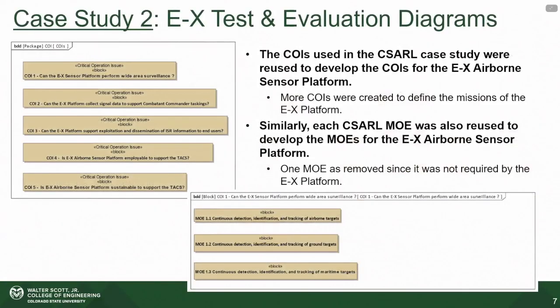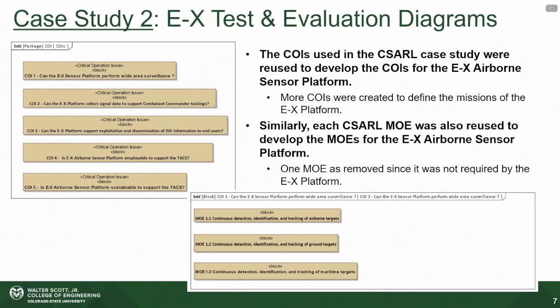Now, since both of these systems are fictitious and we put them together, we went through and created the COIs for this EX platform. I took the AFOTEC methodology that I developed for the CSARL system and reused it as the foundation for this second test case, and I adopted the needed COIs and redefined them for this platform.